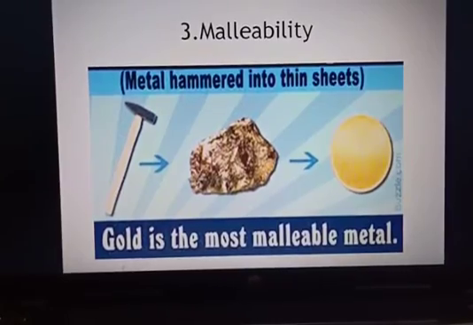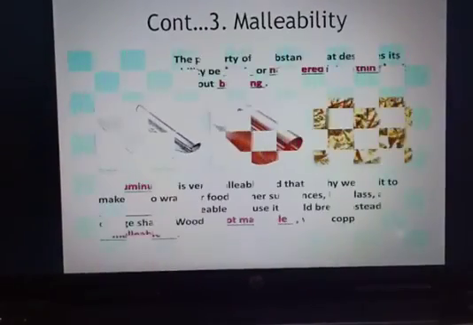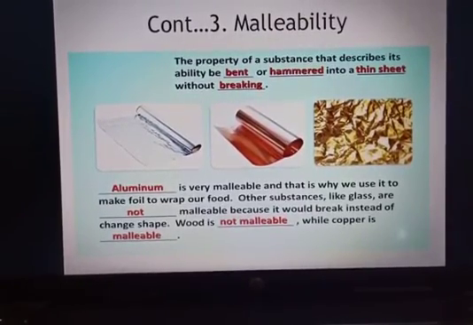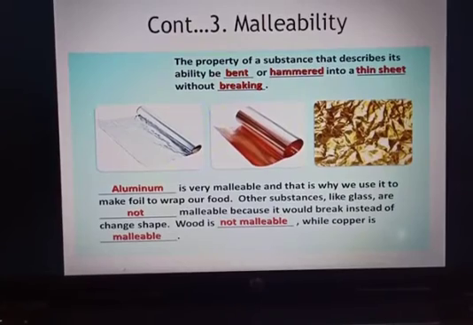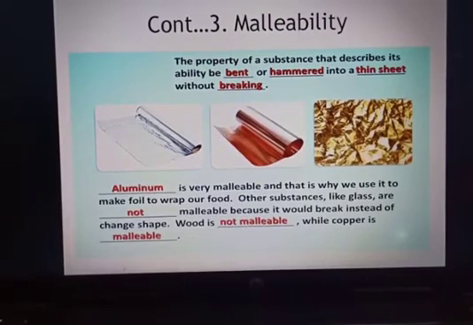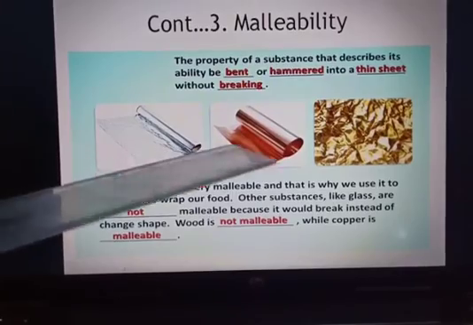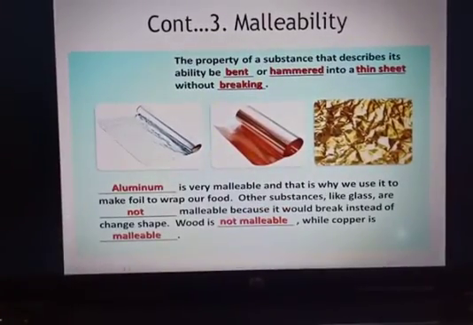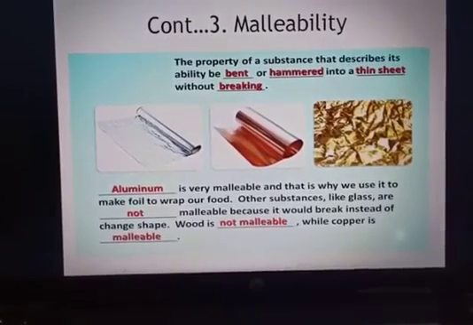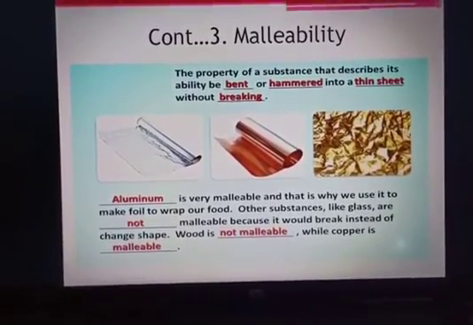I'll show you the continued slide for this, that is malleability. Here you can see this property, the property of a substance that describes the ability to bend or be hammered into thin sheets without breaking, right? Down in the image you can see the foils, how the rolling ones, right? You can see that they are just bent and hammered into thin sheets and they are not breaking.